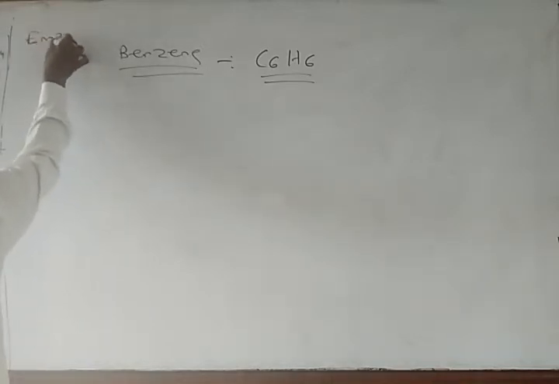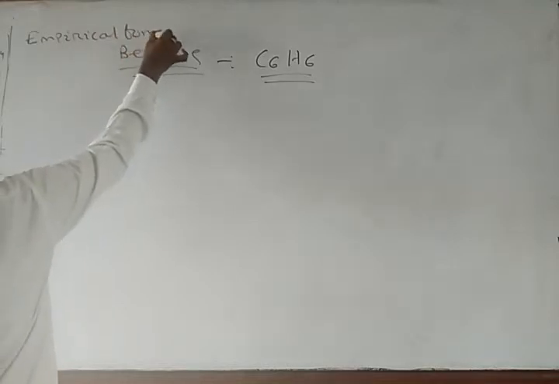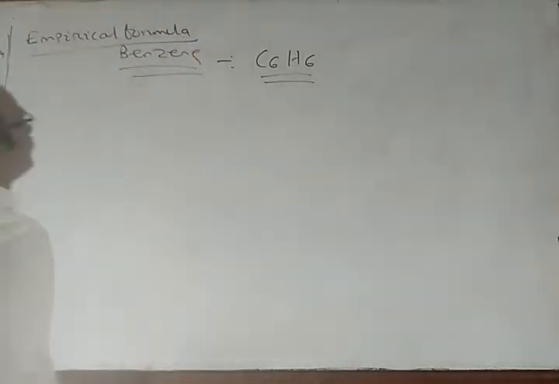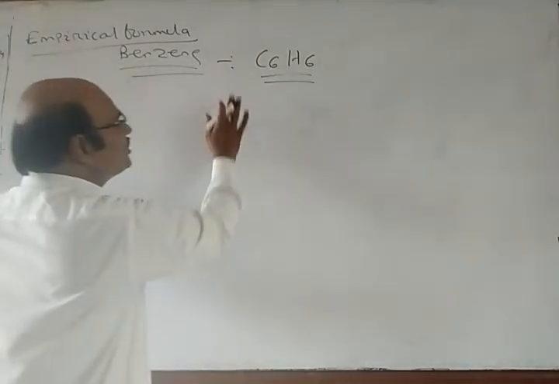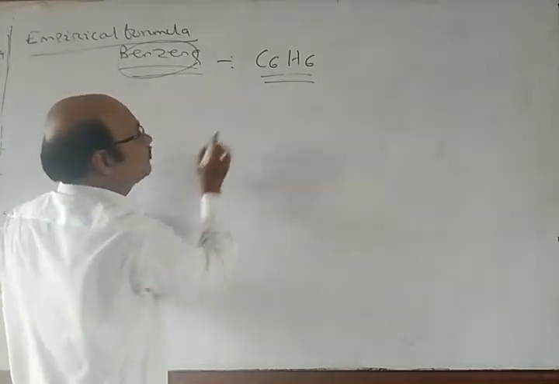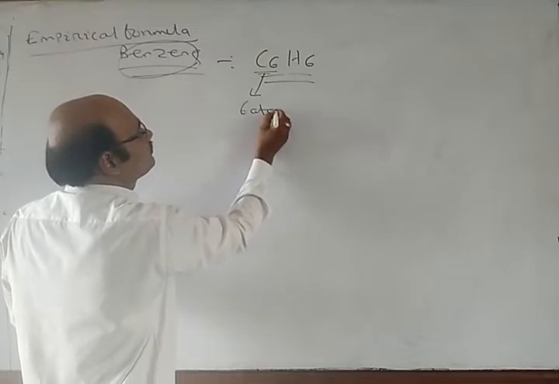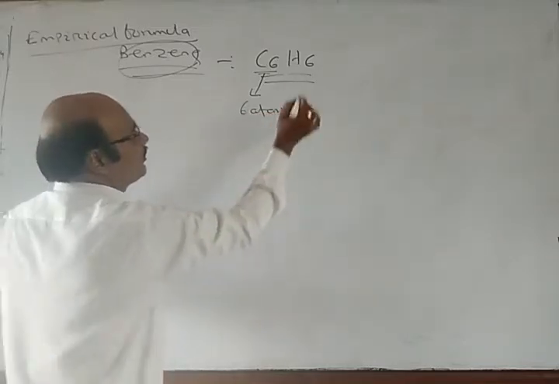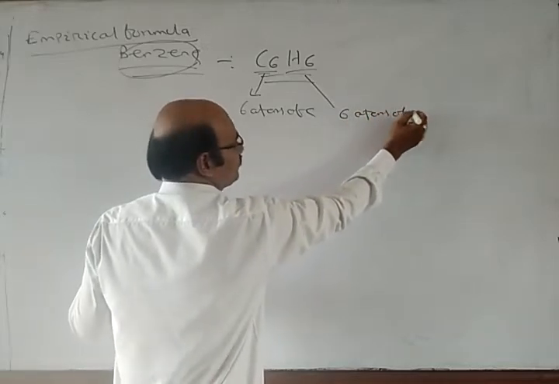Topic is empirical formula. Now benzene we know is C6H6. This means the molecule benzene consists of 6 atoms of carbon and 6 atoms of hydrogen.